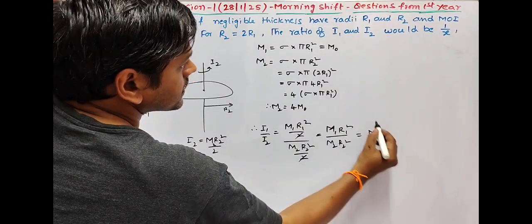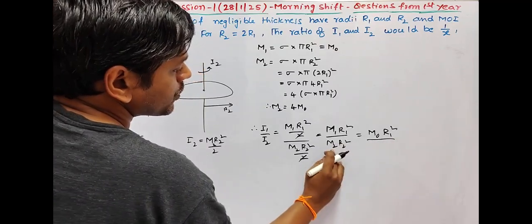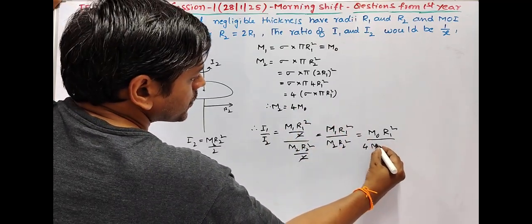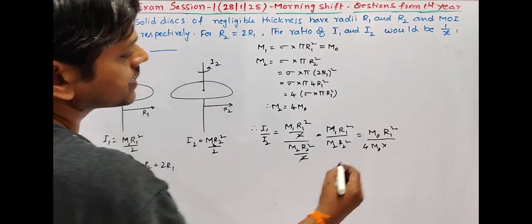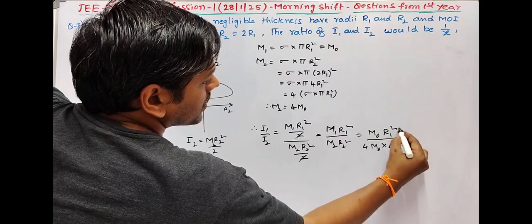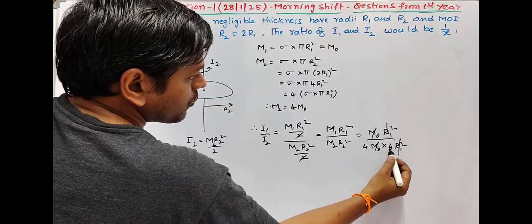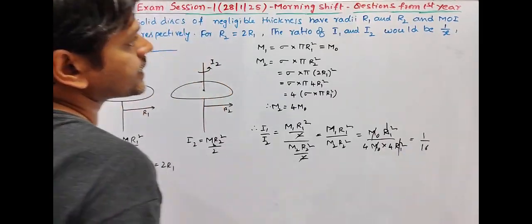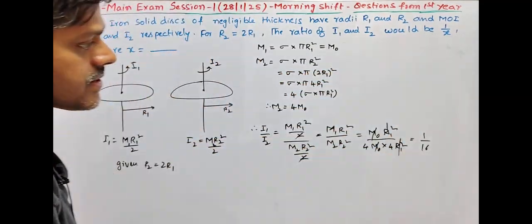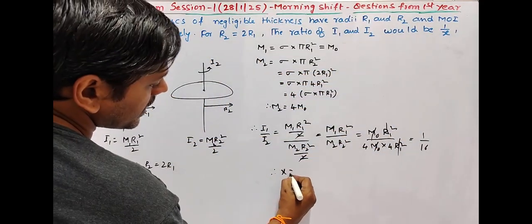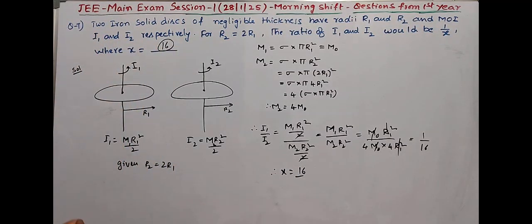M1 is M0, R1 square, over M2 which is 4 M0, into R2 which is 2R1, that is 4 R1 square. So R1 square cancels, M0 cancels, and we get 1 by 4 into 4, that means 1 by 16. Comparing, the ratio of I1 and I2 would be 1 by x. Therefore x is equal to 16. So the answer for this question is 16. Okay, right.